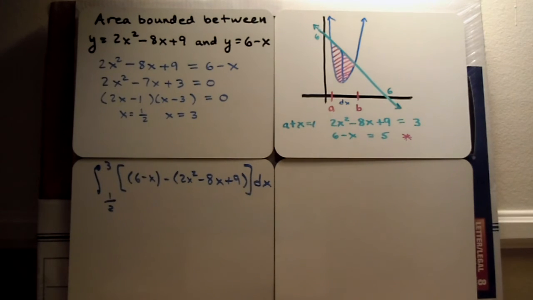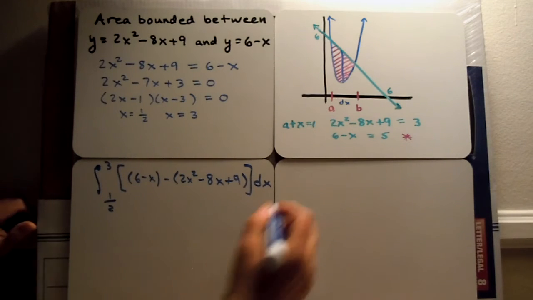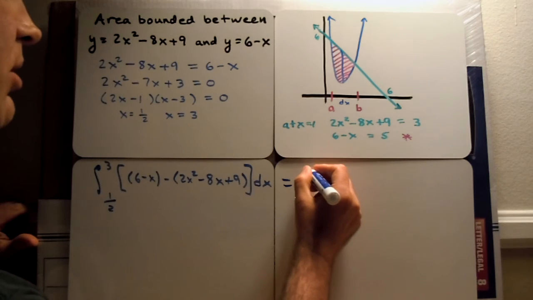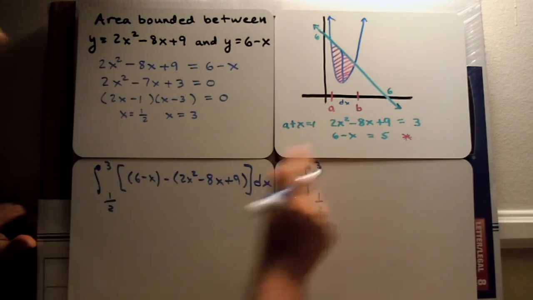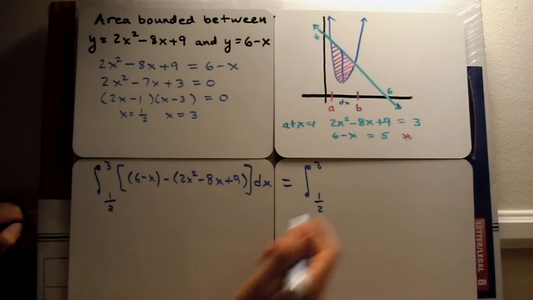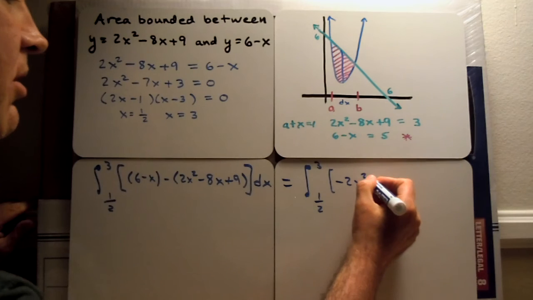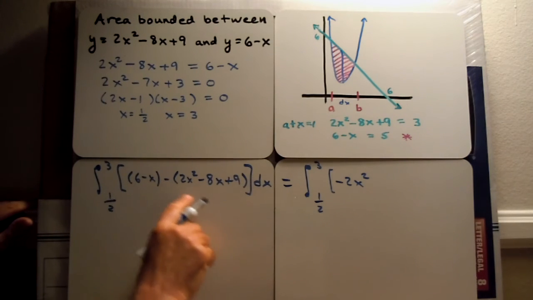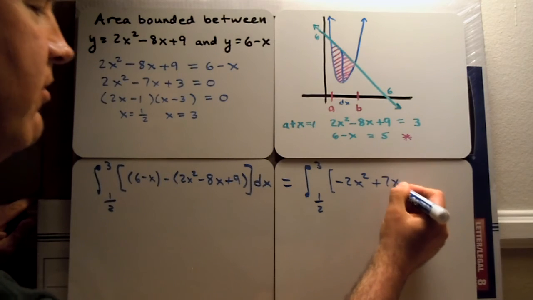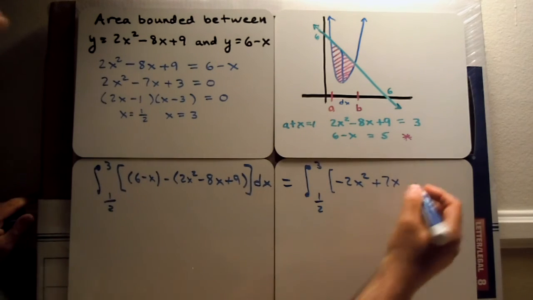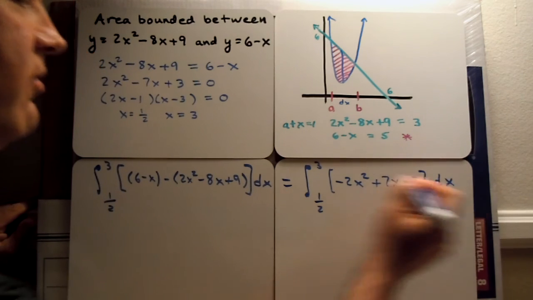However, in order to make things a little bit simpler, you might want to go ahead and simplify this integral a little bit. You could, of course, integrate at the step you are at there, but let's simplify this. Negative 2x squared, plus 7x, and then 6 minus 9, minus 3, dx.